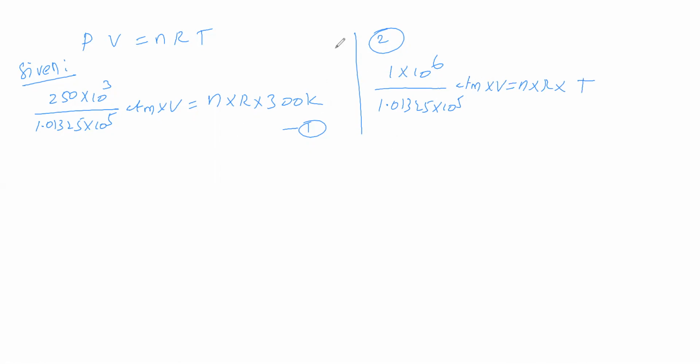By using equation number 1 and equation number 2, we will find the temperature. The temperature is 1200 Kelvin.